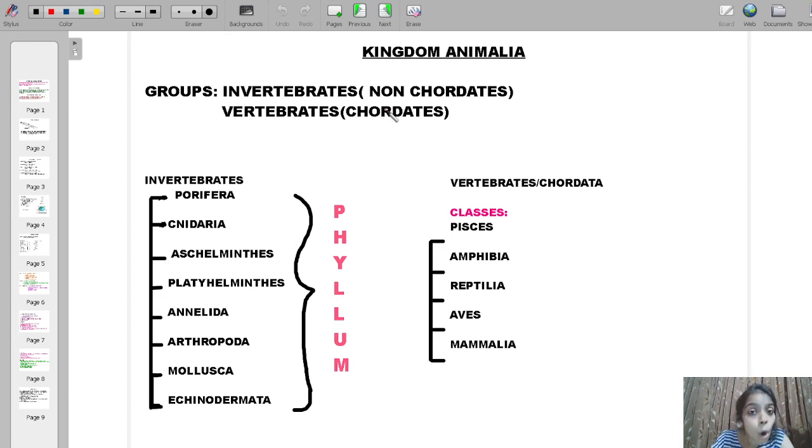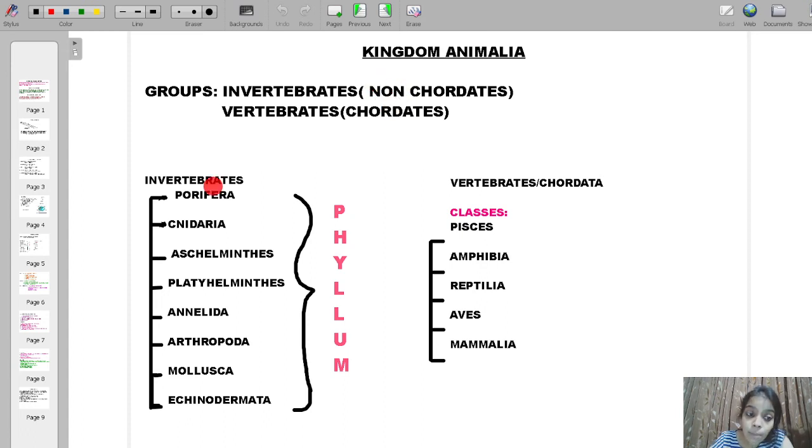Why such names? Because vertebrates, in their embryonic stage, have a structure called the notochord. From there the name comes. Invertebrates, at any point in their life cycle, will not have this notochord. That is why they are called non-chordates.